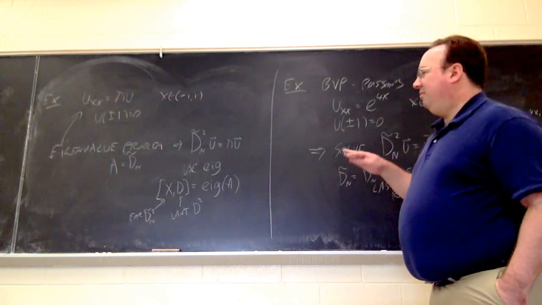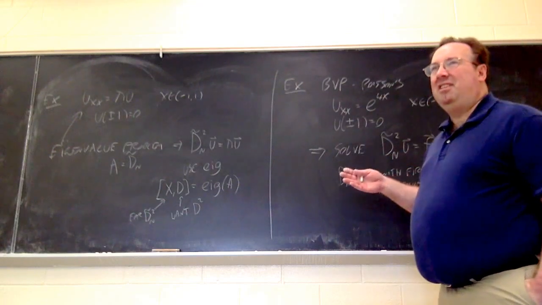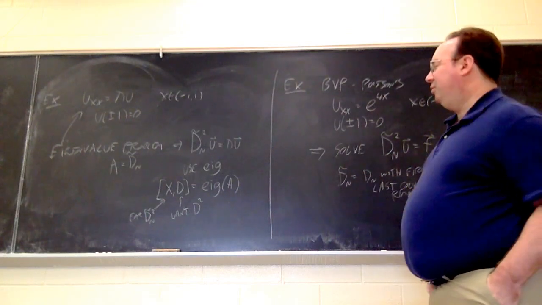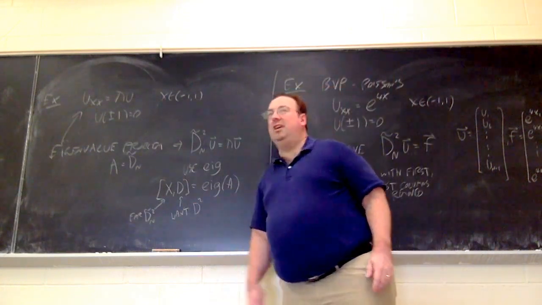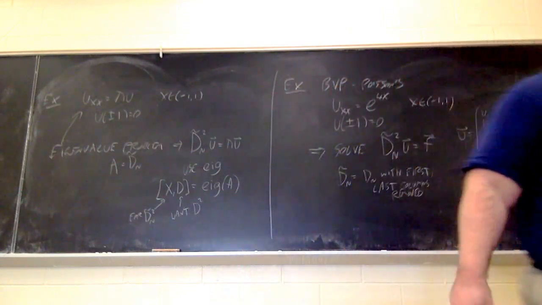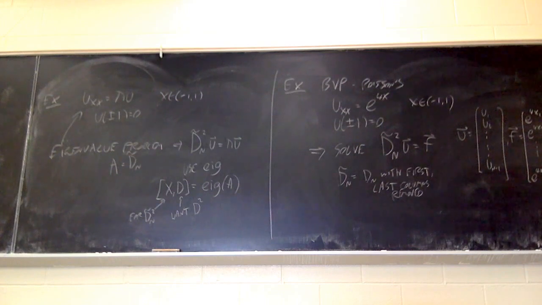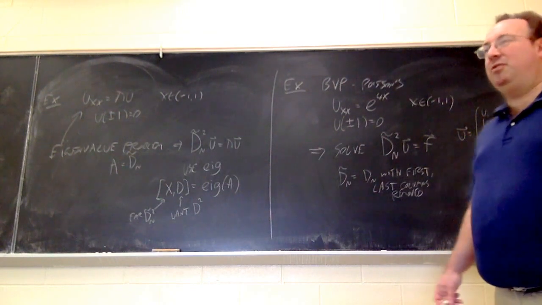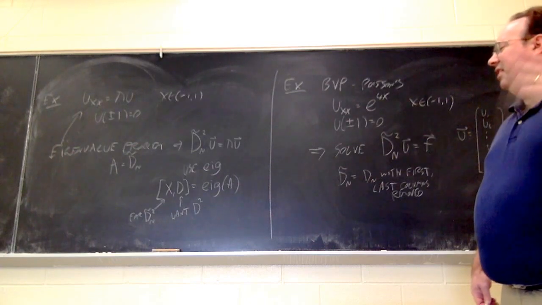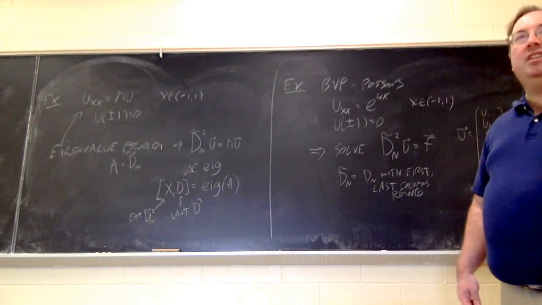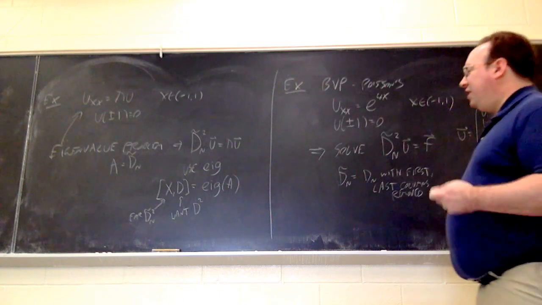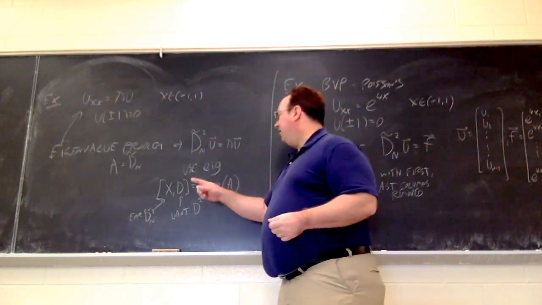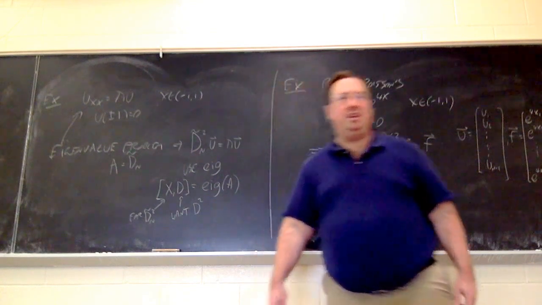So mathematically it doesn't matter, but from a practical standpoint, one reason why I would take this route is I have formulas for the entries of dn tilde. I do not have formulas, might be able to look them up, but I don't have them in any of my sources, for the entries of dn tilde squared. And I definitely don't want to perform matrix multiplication to get dn tilde squared to put it in here.